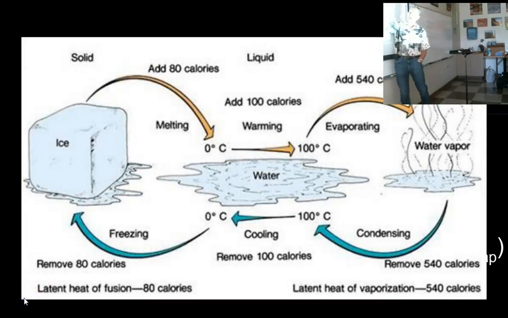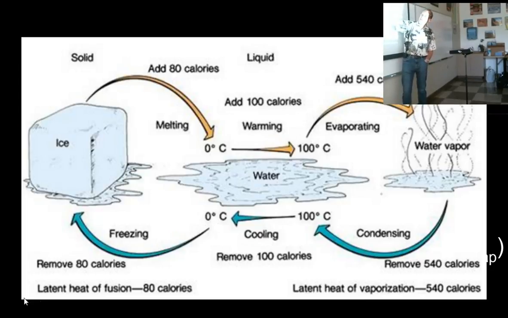So this is just an image of that. As ice gets warmer and stays ice, that's sensible heat. But when the solid ice melts into water, what we have here is 80 calories of energy going in to turn ice into water. But it's still at 0 degrees.